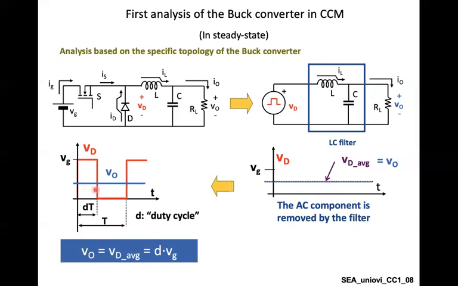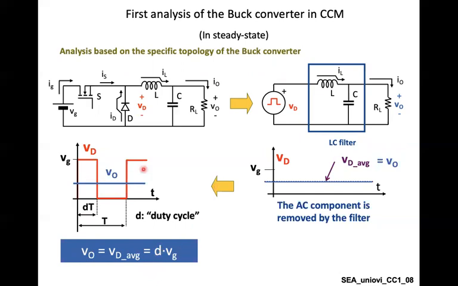That's why this region, we call it D times T, where T is the complete period of the signal and D is the ratio of T high over T. So this D times T represents the percentage of the time at which the signal is high. So you can say simply that your V output is equal to D times VG.